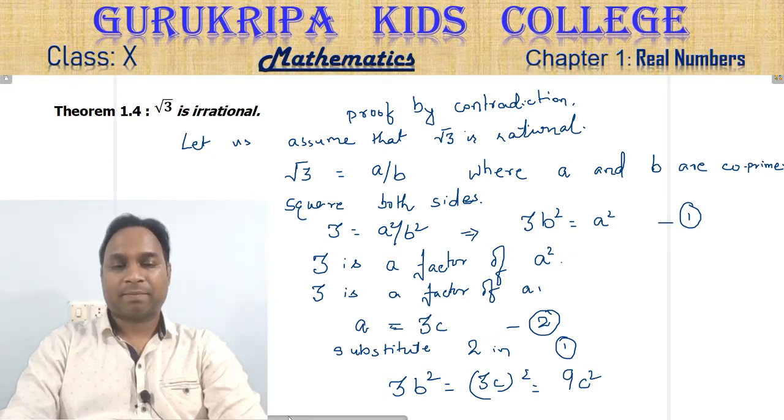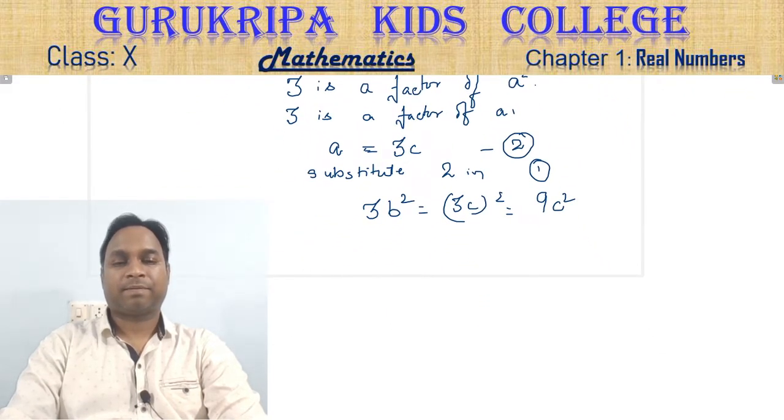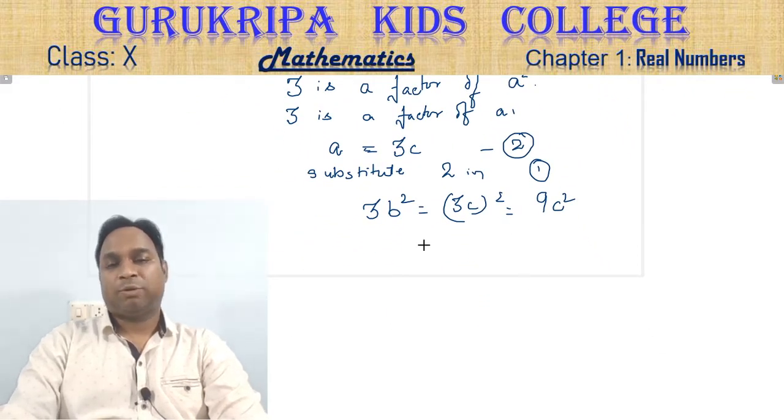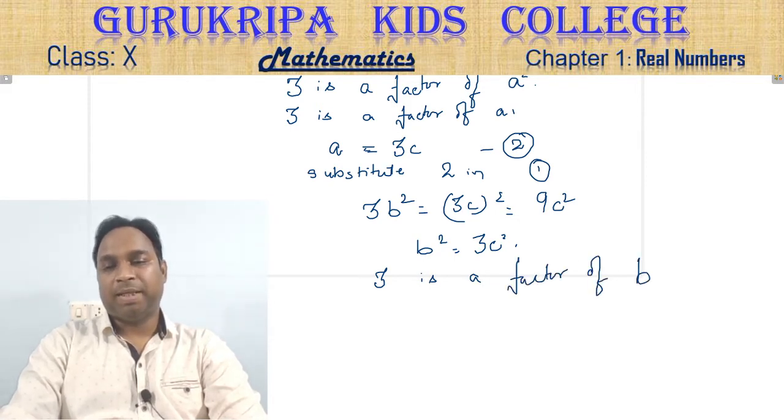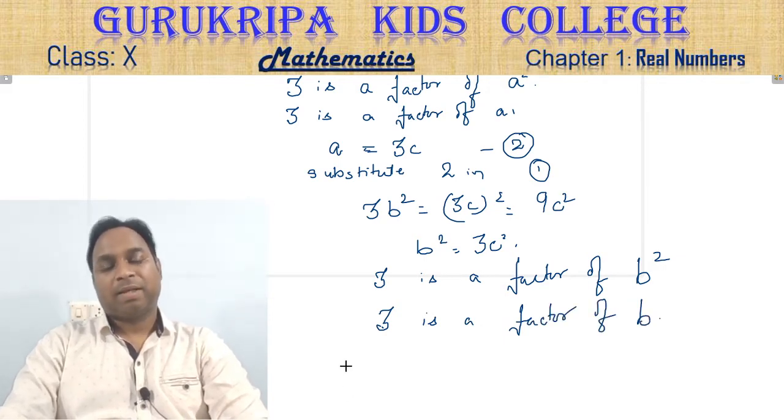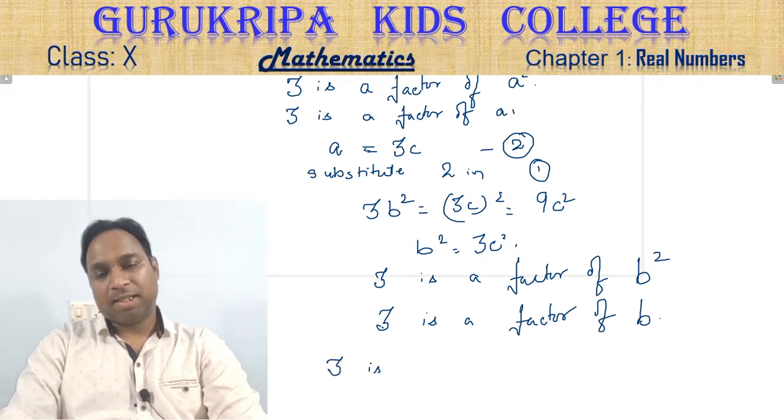And then when you cancel out 3, you get b square is equal to 3c square. Again, 3 is a factor of b square. Also, 3 is a factor of b.